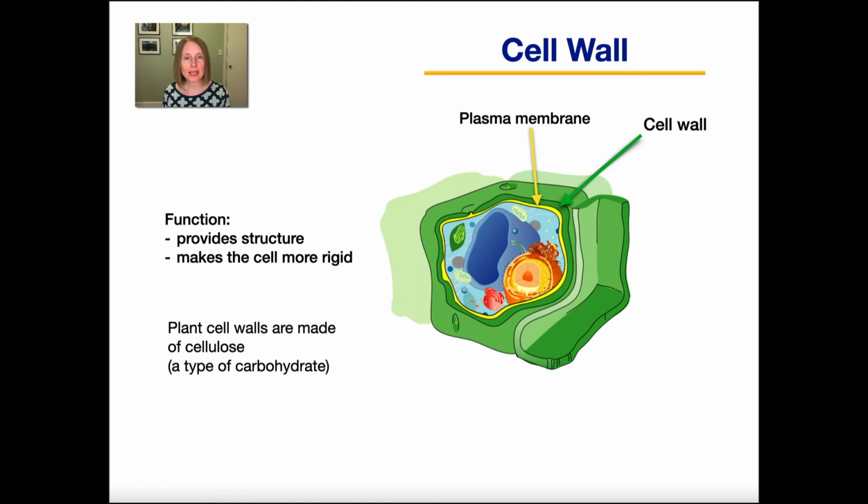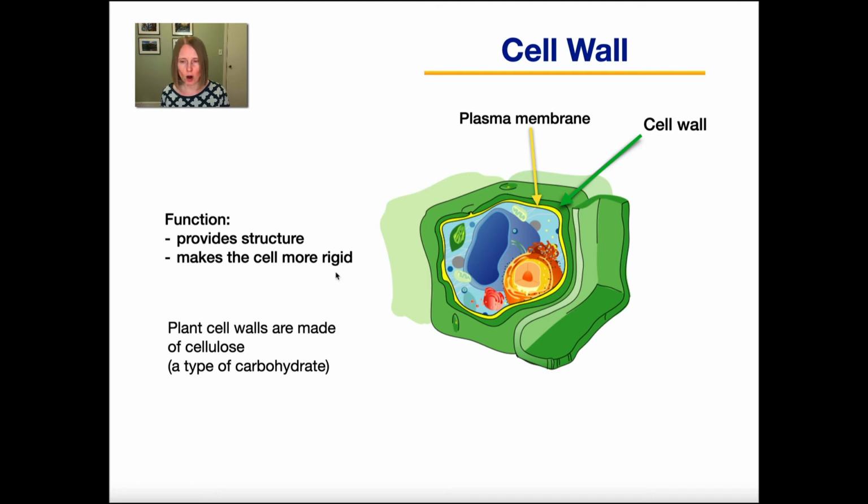So the last cellular structure that we'll discuss is the cell wall. The cell wall is not present in all cells. Those that do have it, it is found outside of the plasma membrane. So in this image, the yellow represents the plasma membrane that surrounds the cytoplasm. And then the cell wall is this thicker layer found right outside of the plasma membrane. Cell walls can provide structure to cells and make them more rigid.